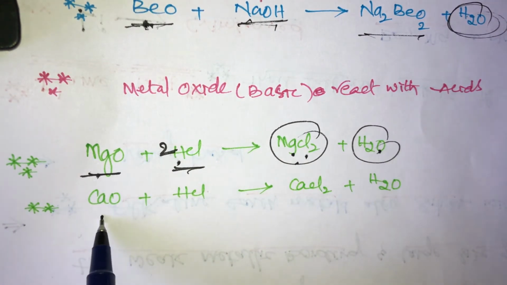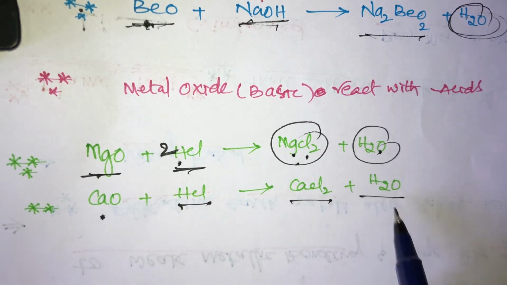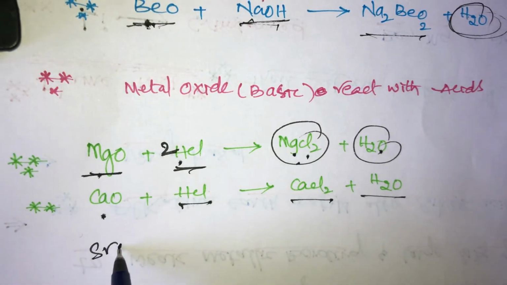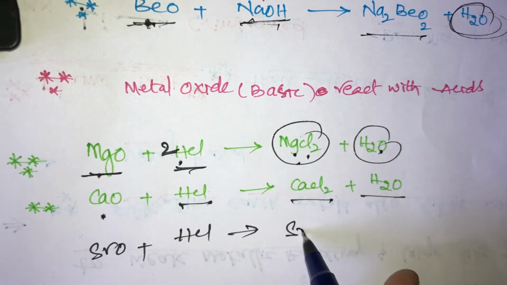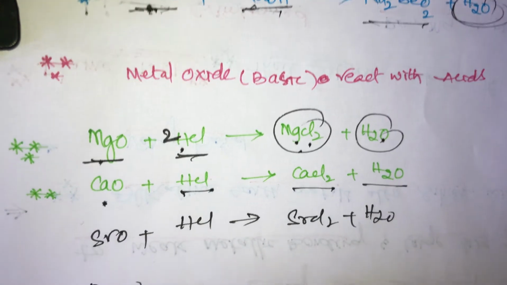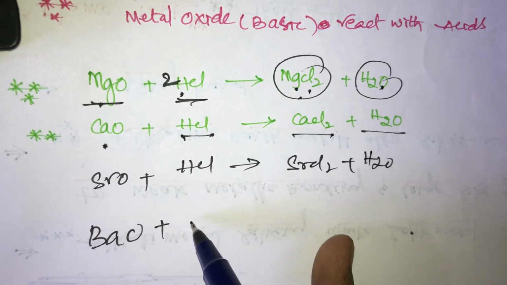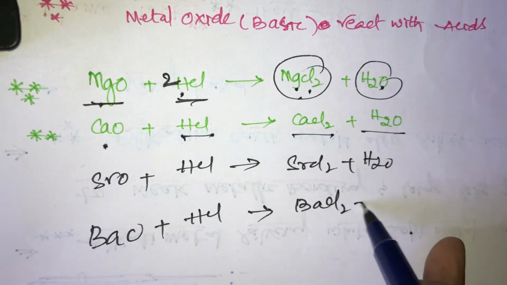Calcium oxide reacts with hydrochloric acid to form calcium chloride and H2O. Strontium oxide, SrO, also the same: it reacts with hydrochloric acid to form SrCl2 plus water. And barium oxide, BaO, plus hydrochloric acid forms barium chloride plus water.